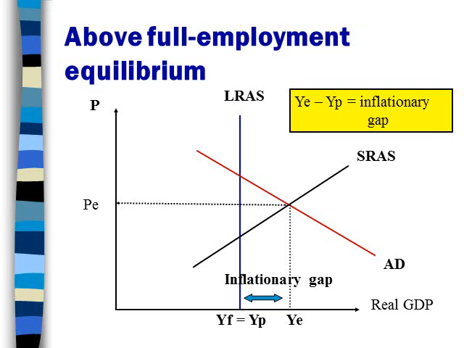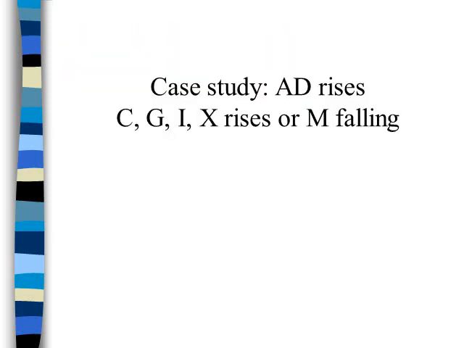It could be below full employment output, at full employment output, or above full employment output. So you must always read the question carefully. Let's take a look at two case studies following this. The first case study is when we have AD rising. If you remember what we mentioned earlier, AD consists of C, G, I, X, M, all these components.